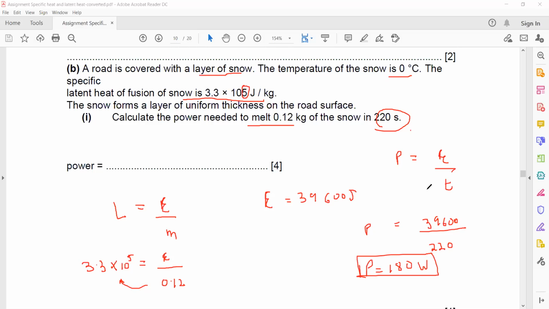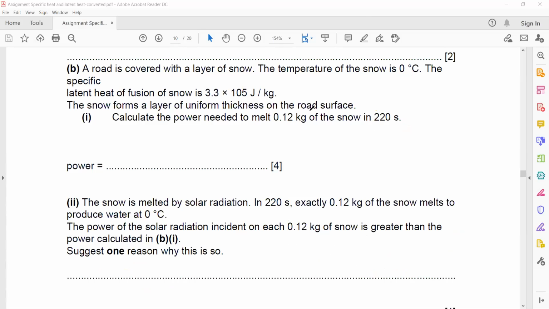You should supply 180 joules, because 180 watts means 180 joules per second. So these are the similar questions you will find related to latent heat.